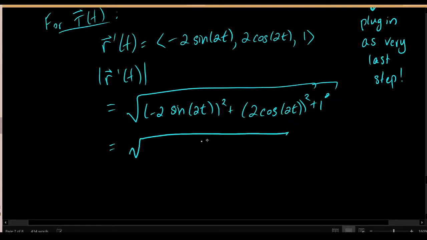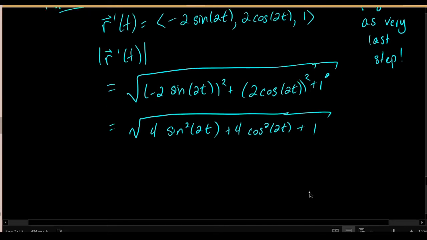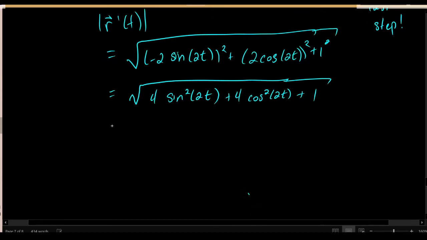In this section, the Pythagorean identity is going to be your best friend. Because when you see a number times sine squared and the same number times cosine squared, the Pythagorean identity says that sine squared plus cos squared is equal to 1. 4 times 1 would then be equal to 4. And combining that with the 1 from the z component, we get a constant speed of square root 5 units.